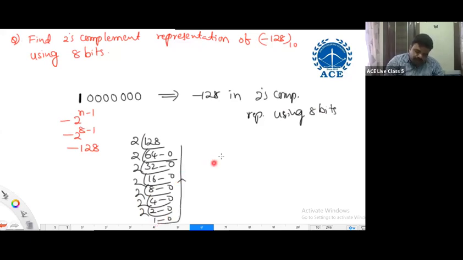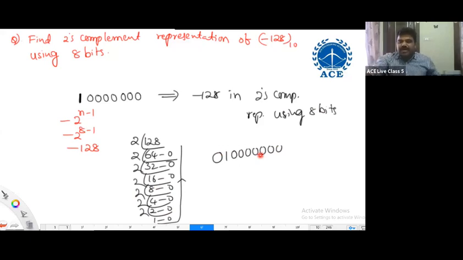What is here? Magnitude is 1, 0, 0, 0, 0, 0, 0, 0. It is 128. If I want to represent plus 128, then taking 2's complement, I need to append a 0, then take 2's complement. But here it is saying that it requires 9 bits.